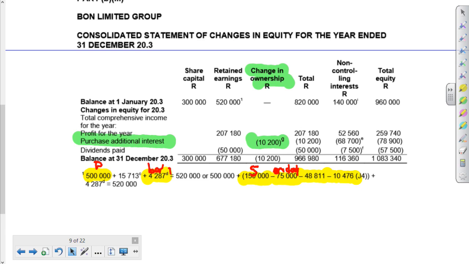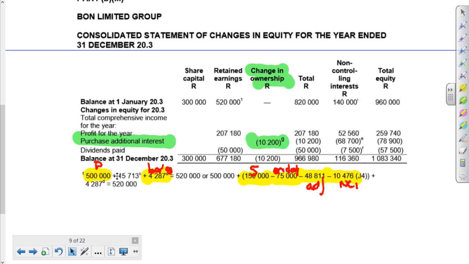Bargain. Adjustment. NCI. Yeah? And that would have given me my balance. Parent plus sub plus bargain less on AC, less adjustment. Because that's the way our journals would have worked, isn't it? Okay. So that's how I would have done it.